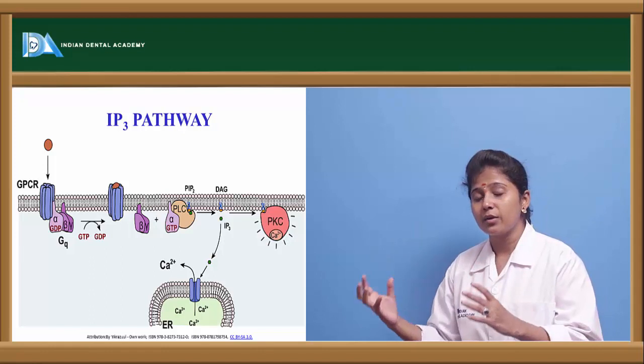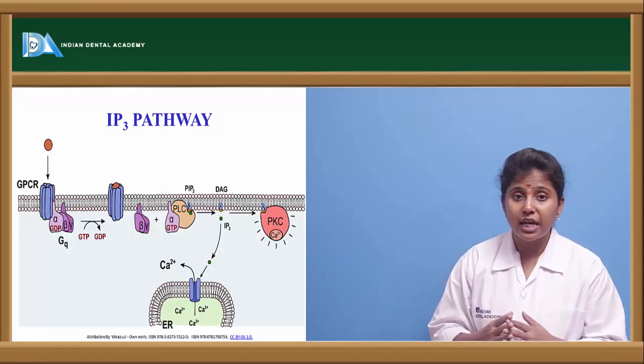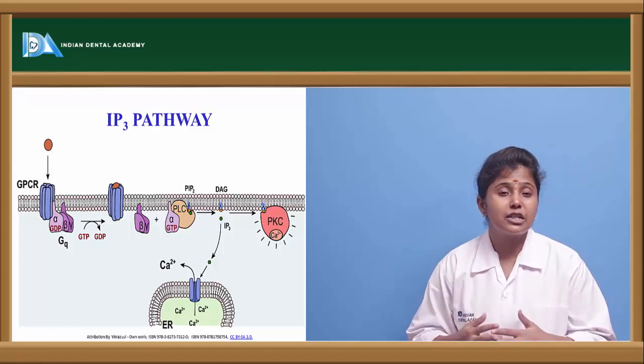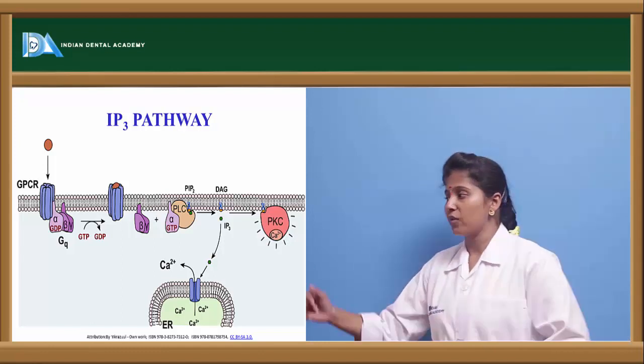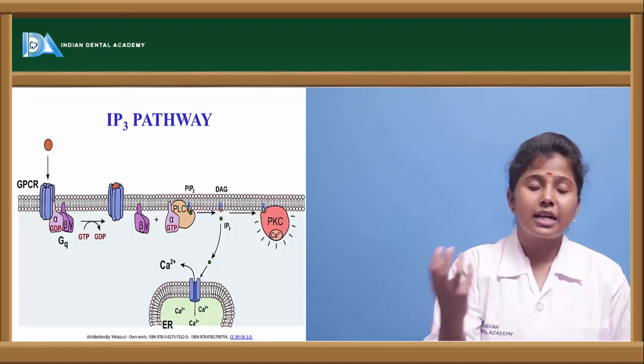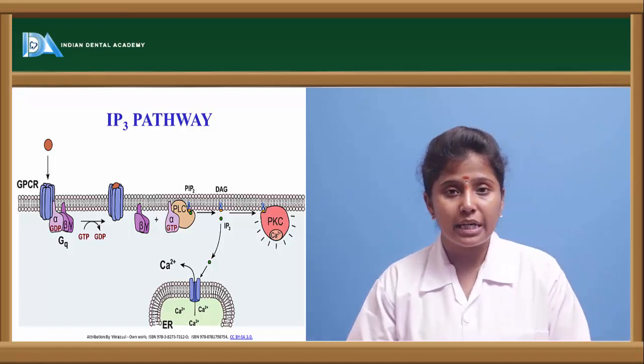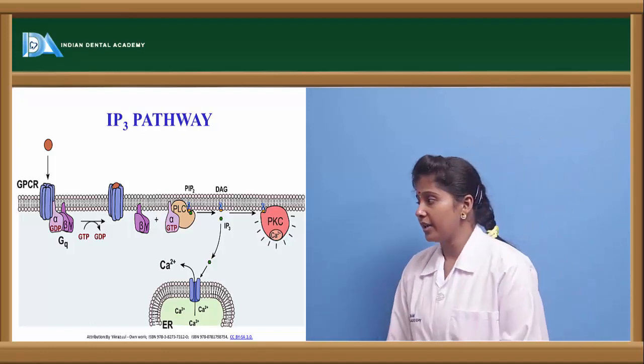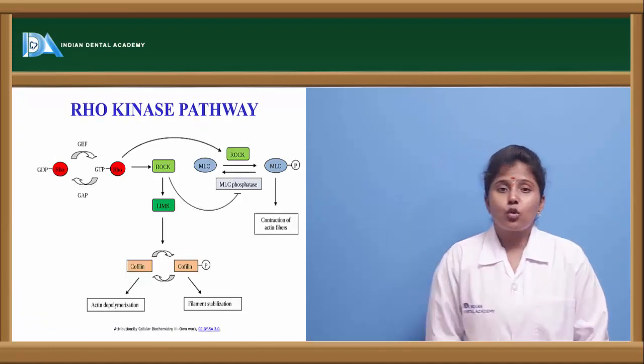PIP2 is converted to inositol triphosphate, and this IP3 will increase the intracellular calcium levels. If intracellular calcium levels are increased, it shows an excitatory effect, and if calcium levels are decreased, it shows an inhibitory effect.